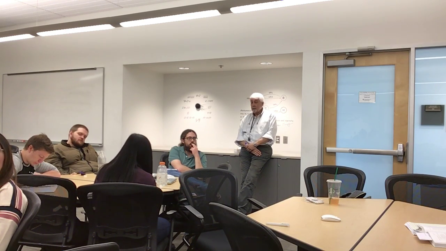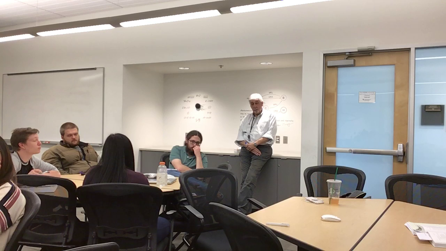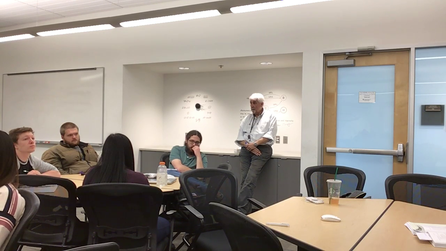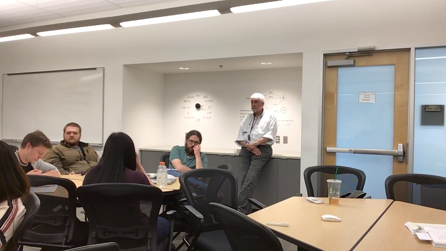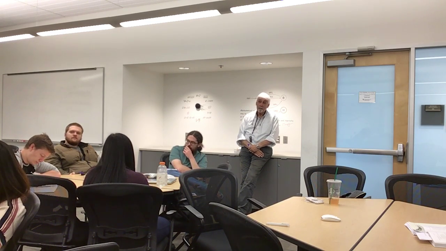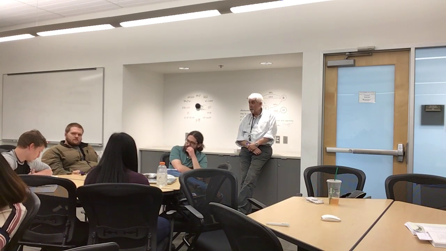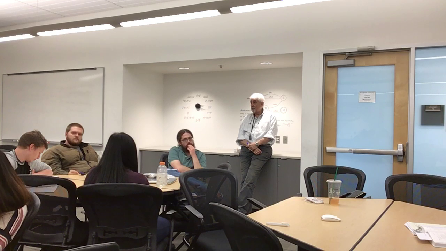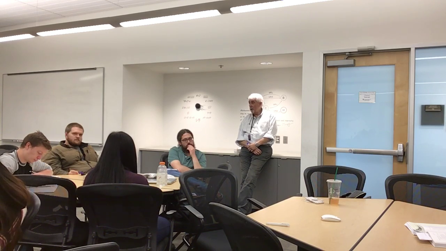How many perfect matchings are there in C4? 2. How many perfect matchings are there in C5? 0. Why 0? There's no perfect matching. Perfect matching means you're matching everything up, and you've got 5 vertices. That would be hard to match everybody up. So if n is odd, the answer is none.